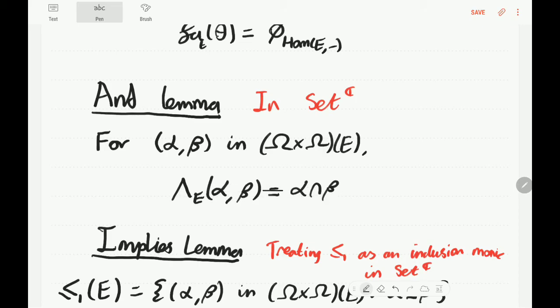Well, we actually, interestingly, get alpha intersection beta. And this is obviously considering this as a subobject of Hom(E, -).